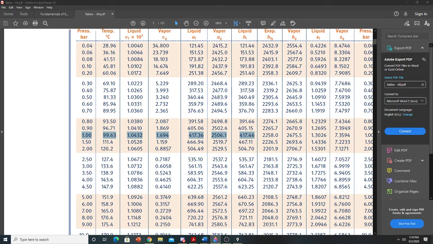Does everybody see how we picked these? Essentially, I went straight across from the pressure given in the question, read down until I found U sub f and U sub g, and picked these two values up.